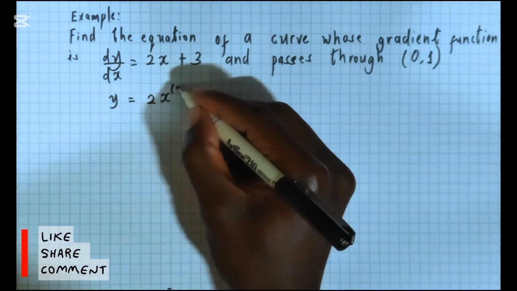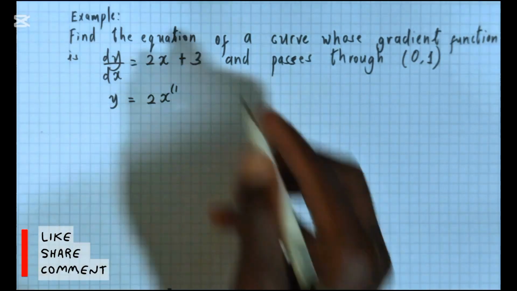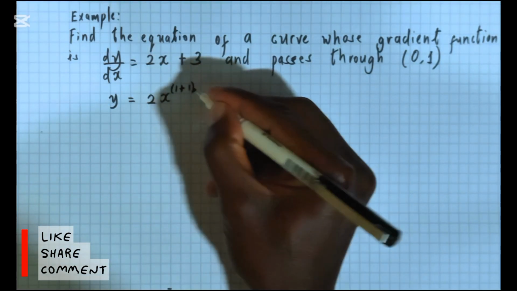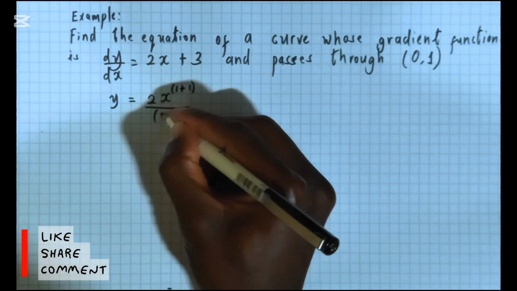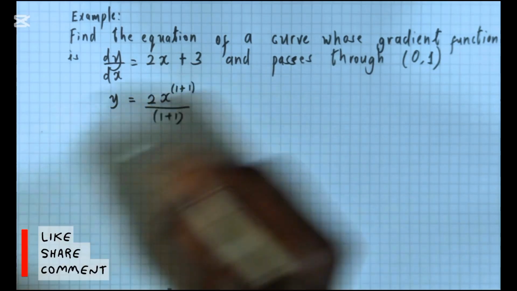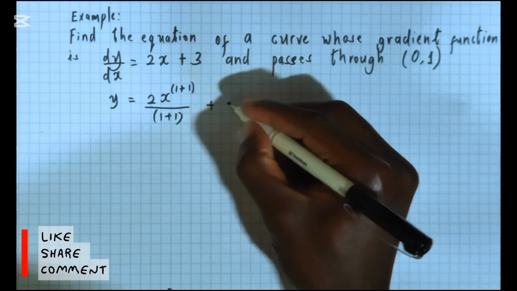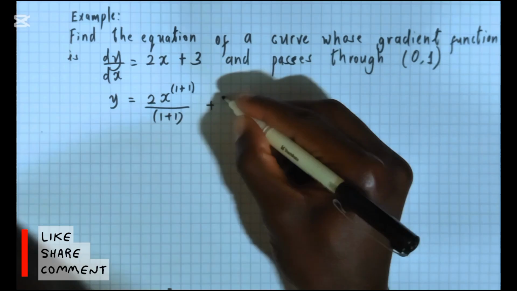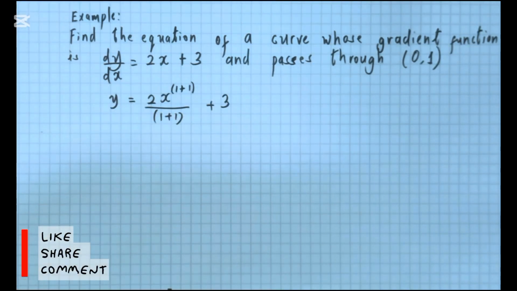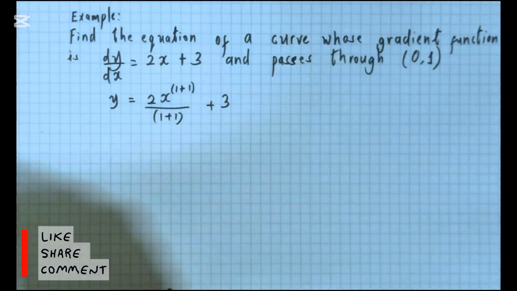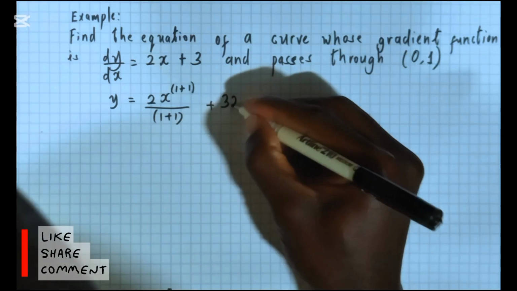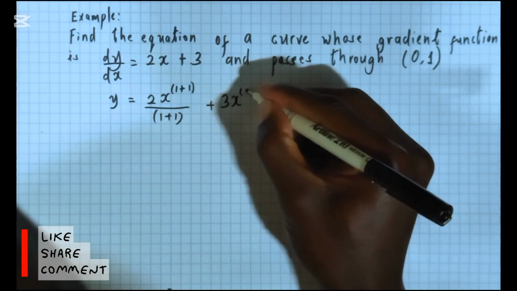Remember what you were doing: whatever we have in the index, plus 1, and then we divide everything by that, plus, here we are having 3. Though x has not been notated here, the value of x here is actually raised to 0.